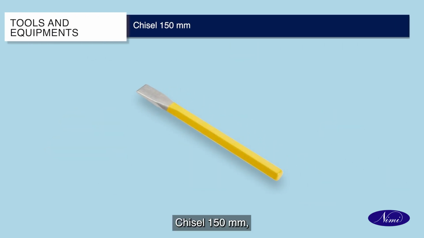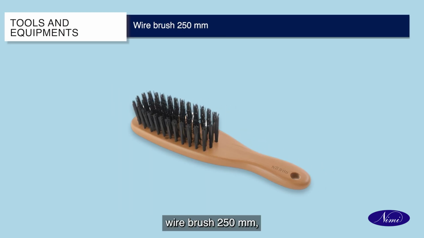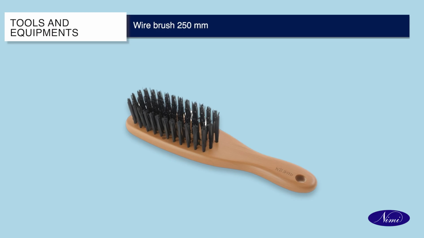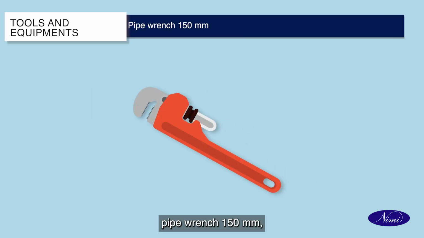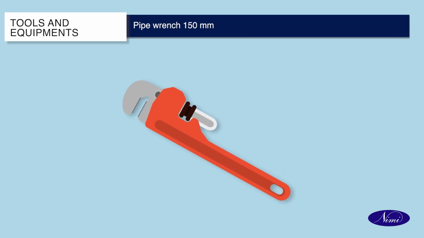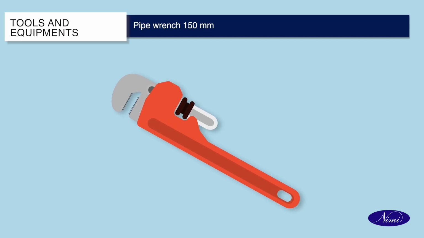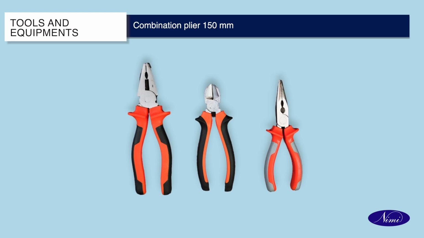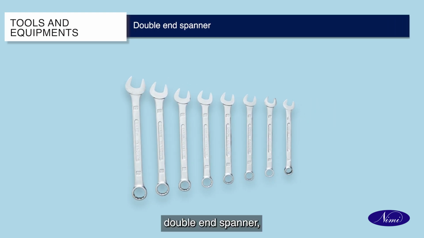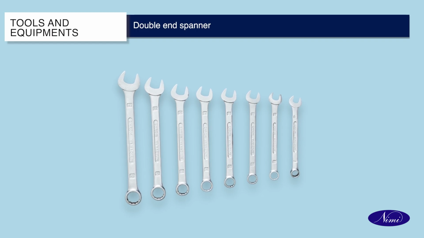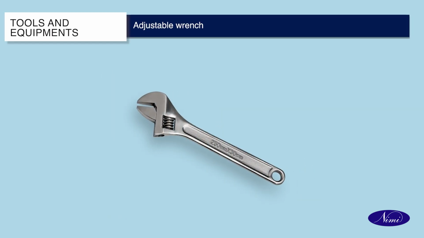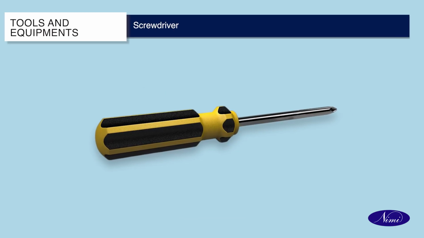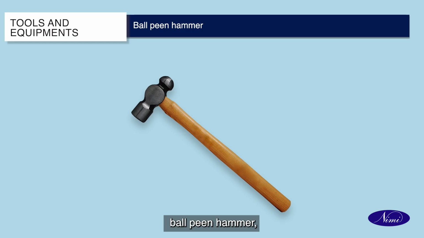Chisel 150 mm, wire brush 250 mm, pipe wrench 150 mm, combination plier 150 mm, double end spanner, adjustable wrench, screwdriver, ball peen hammer.